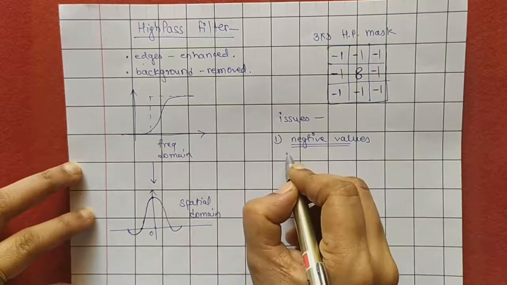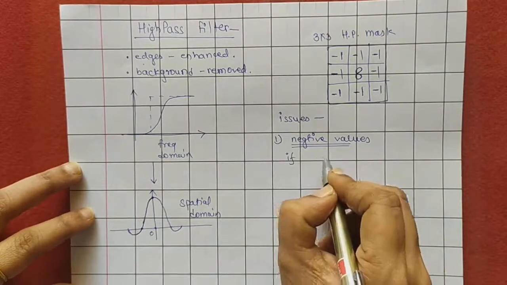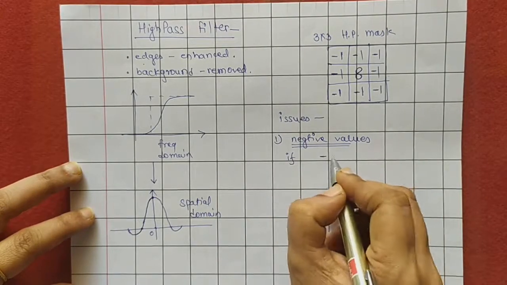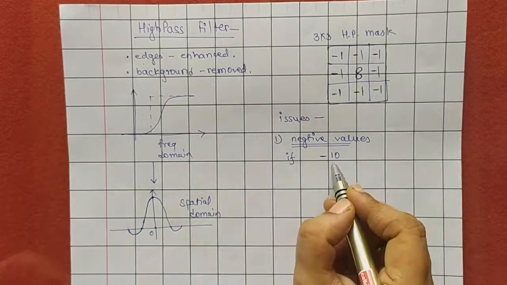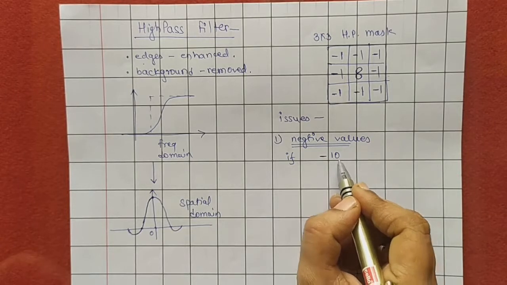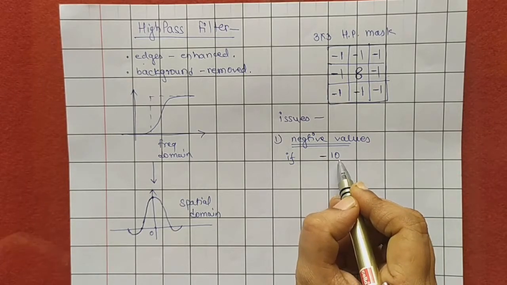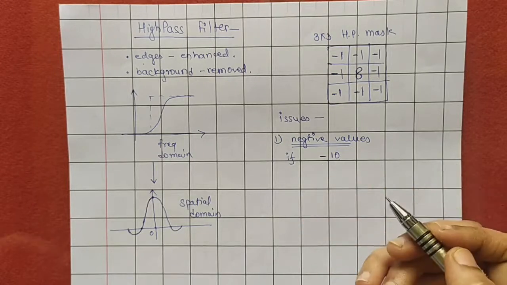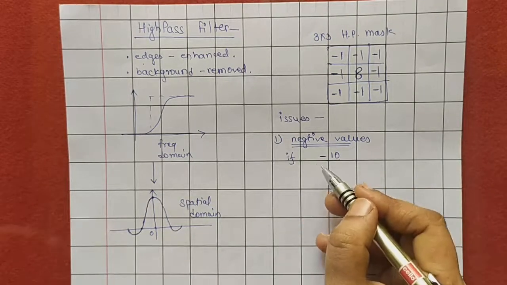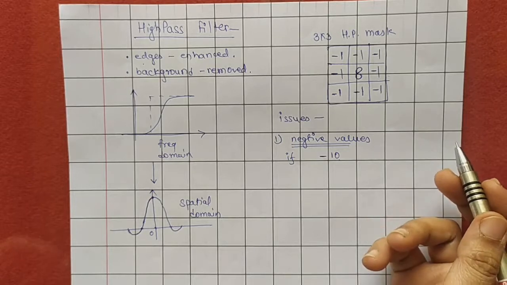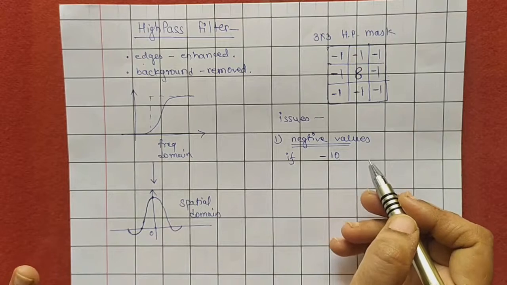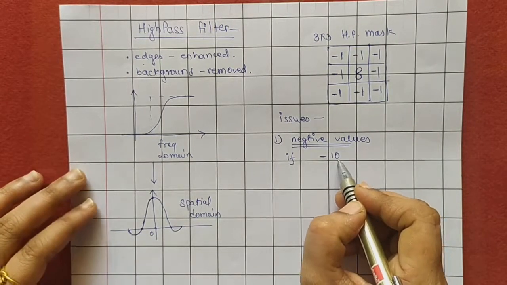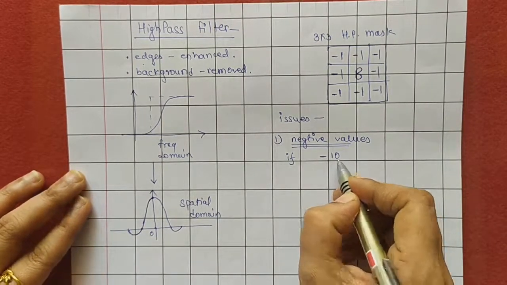Let's consider that in our output image we are getting the negative value as -10. The gray level cannot be represented as -10. Gray level for an 8-bit image is represented as 0 to 255, where 0 means black, 255 means white, and in between there are different shades of gray level. So -10 cannot be represented by the gray level.